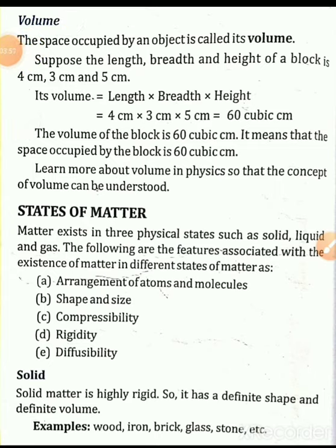Materials are made up of matter, and matter is made up of different atoms and molecules. We have discussed a little bit of the idea about atoms and molecules in the second chapter, elements, compounds and mixtures. So how the atoms and molecules are arranged in that matter is a feature which can help us know in which state matter exists.